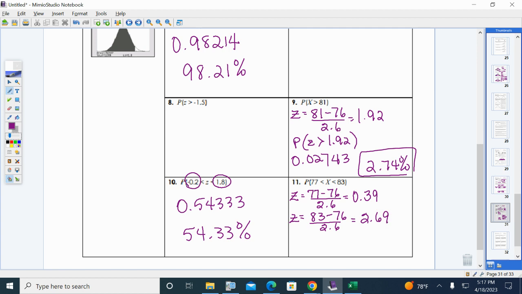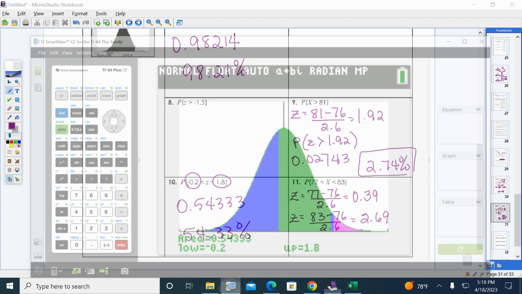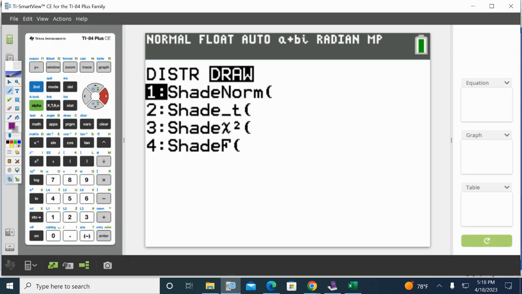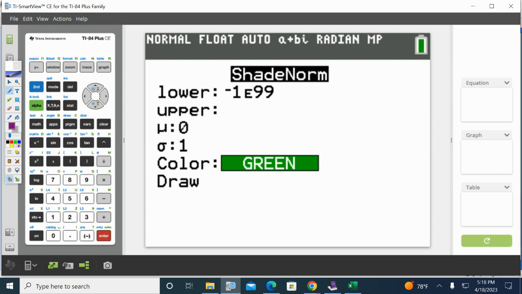So the extra that you have to do on problems like 9 and 11 is you have to calculate the z-score first. So the 0.39 is my lower boundary. The 2.69 is the upper boundary. Going back to my calculator, second vars, arrow over to draw, shade norm. Again, the lower boundary was 0.39.